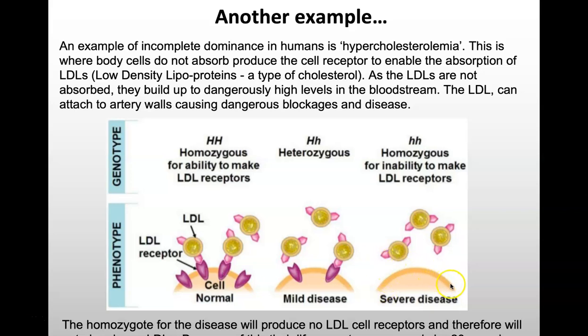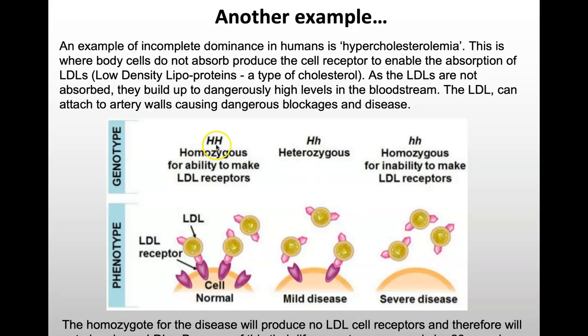In this case, the disease here does not make any of those protein channels in your cell membrane, and so therefore it doesn't actually absorb any of the LDLs in your bloodstream. If they're not absorbed, they build up to really dangerous levels in your bloodstream, and they can attach to your artery walls, causing thickening of your artery walls and just dangerous blockages so that your blood can't pump through them.